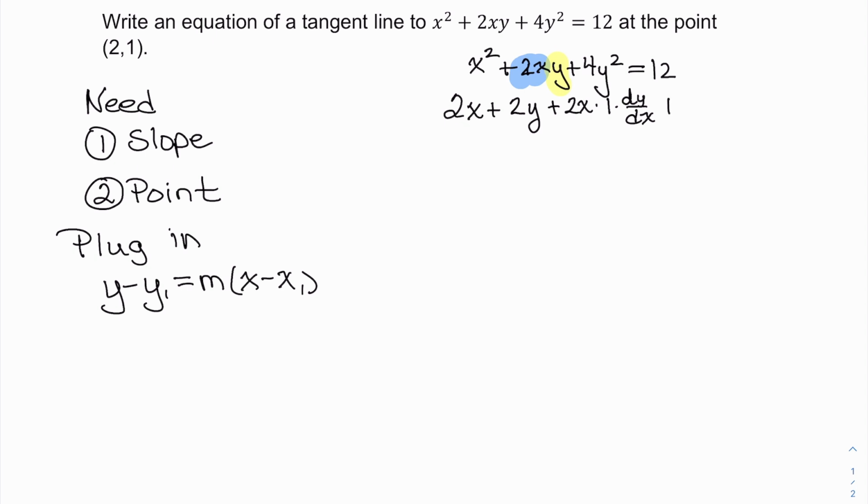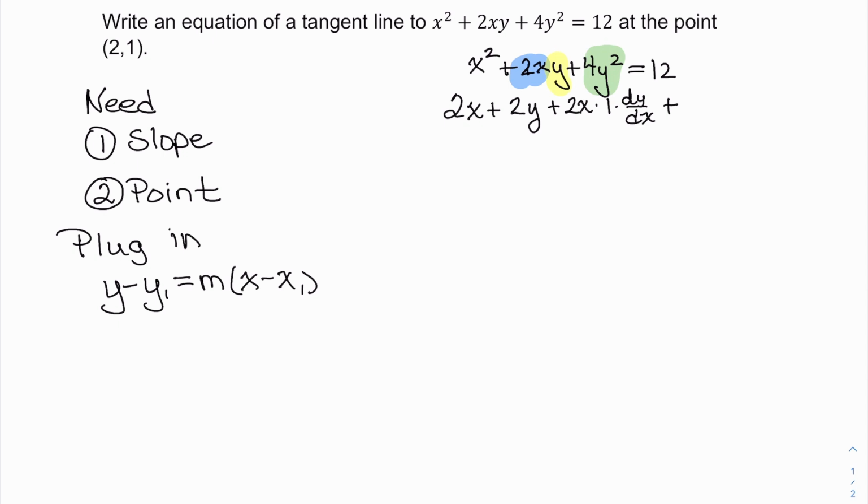And then plus, my last term, 4y squared, involves the dependent variable y.